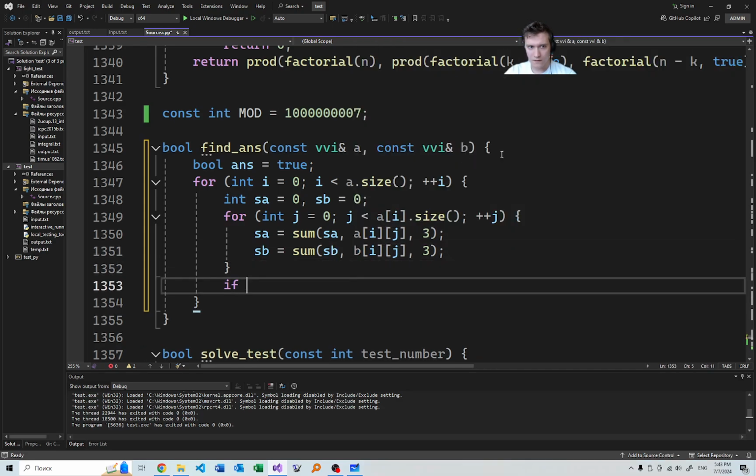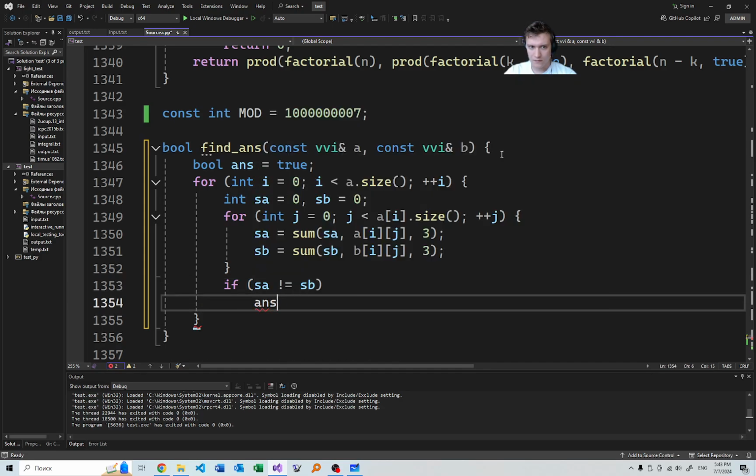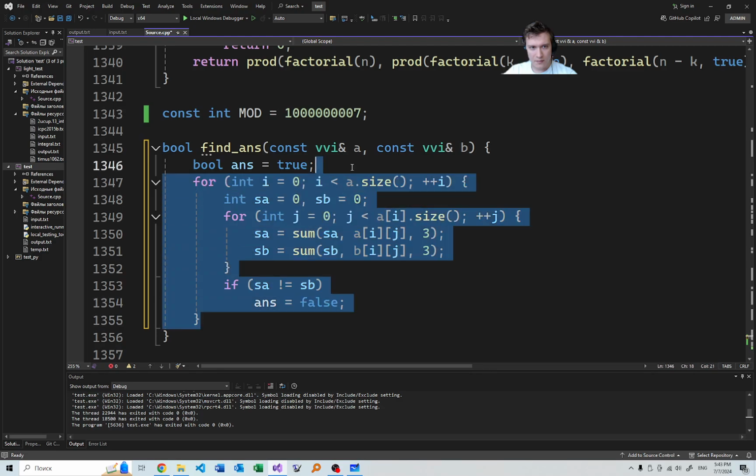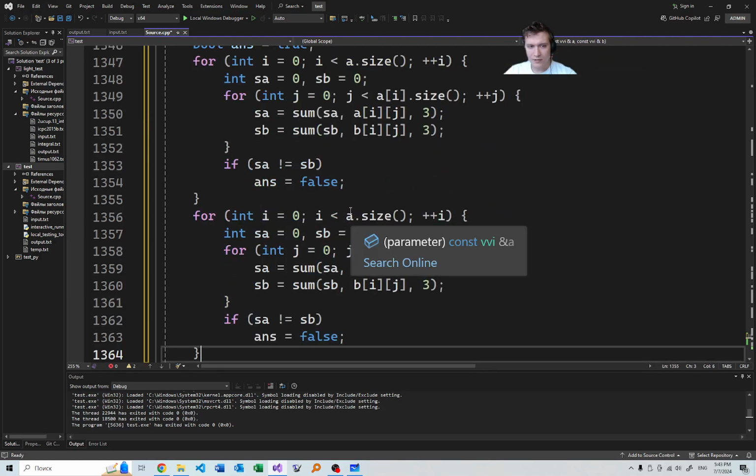Okay, and if SA is not SP, ans is false. Then the same thing about B, about columns.